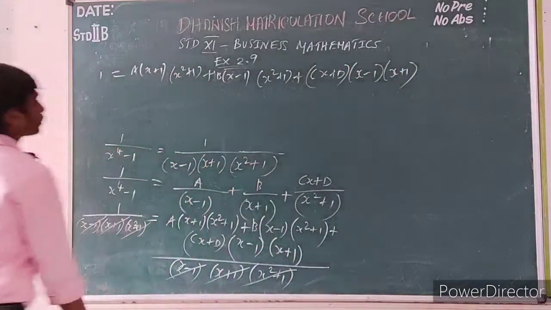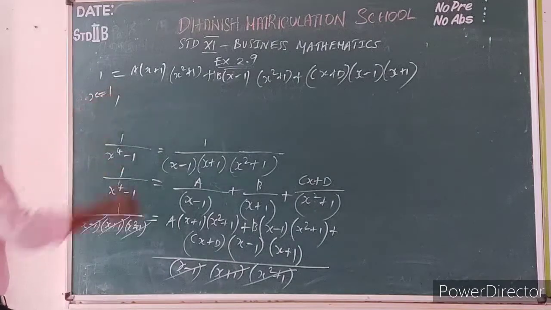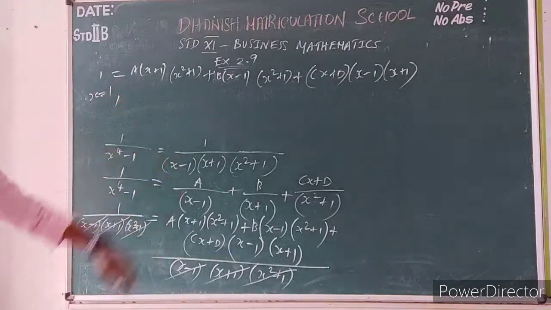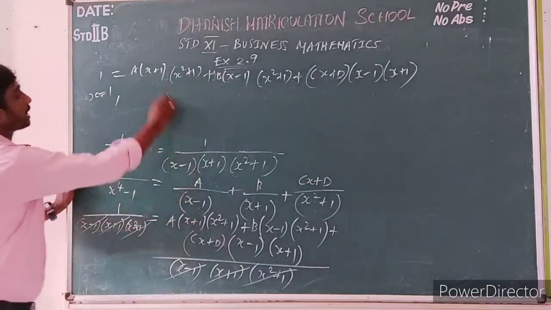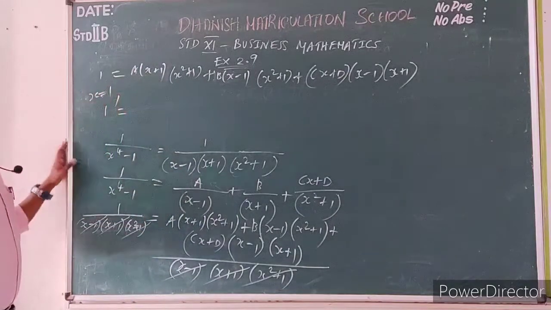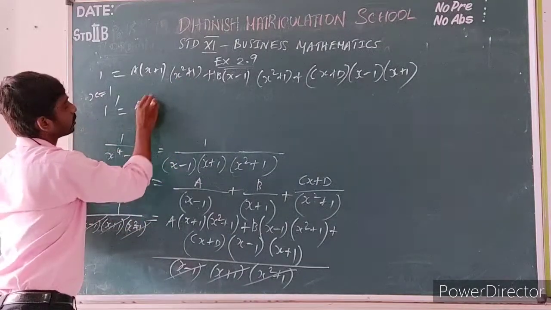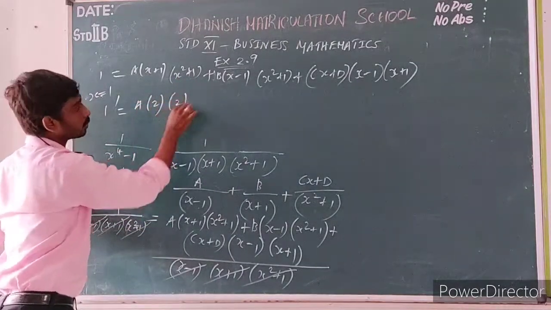Now we substitute values for x. Putting x equal to 1 in this equation, what value do we get? 1 equals A into (1 plus 1), that is 2, into (1 square plus 1), that is also 2.